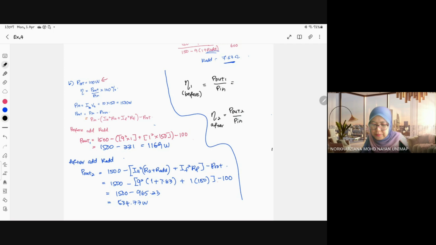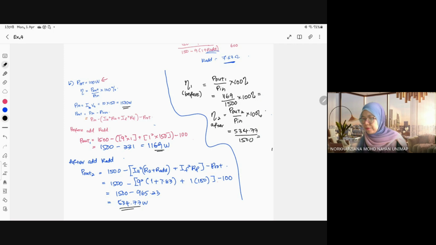P in is the same, and times 100. So P out 1 is 1169 over P in 1500, and P out 2 is 534.77 over 1500.